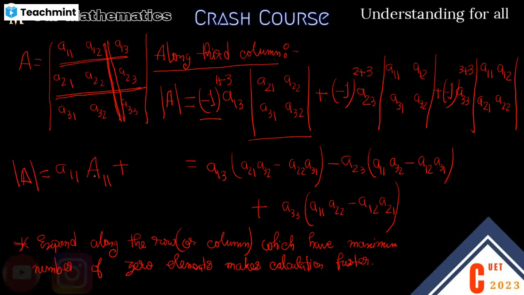a11 into cofactor 11. Okay, this a and this a are not the same. So the determinant would be equal to a11 into cofactor of 1 position plus a12 into cofactor of 1 position plus a13 into cofactor of 1 position.